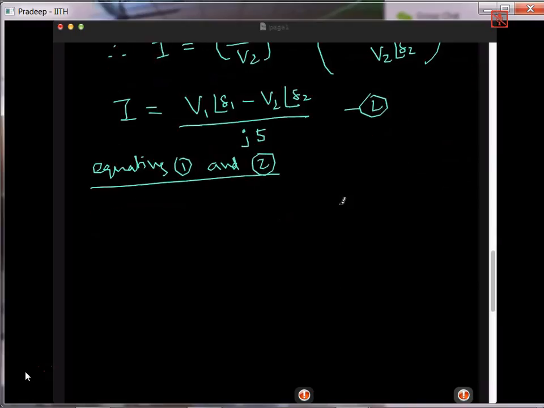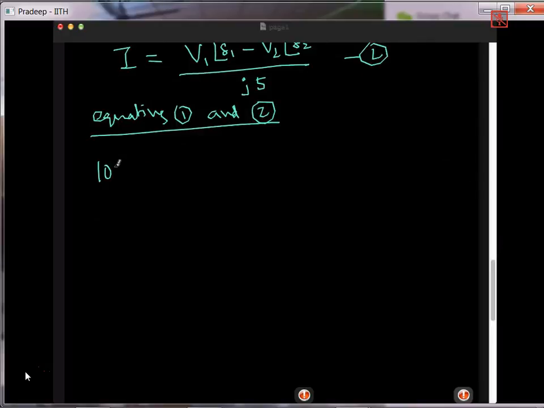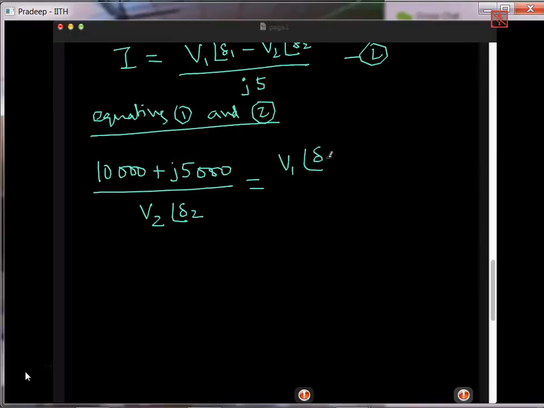So what we have? 10,000 plus j5,000 divided by V2 angle delta 2 is equal to V1 angle delta 1 minus V2 angle delta 2 divided by j5. V1 angle delta 1 I already know.